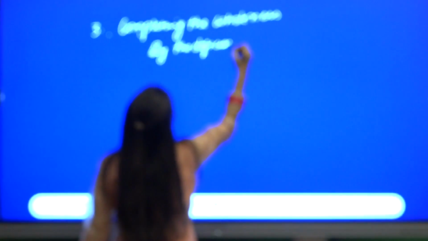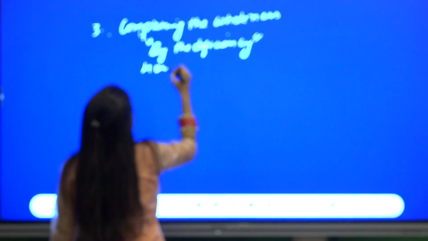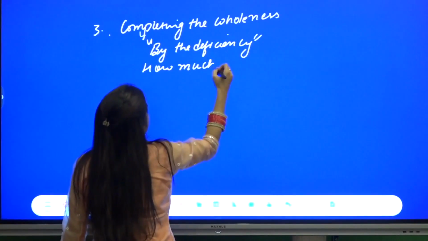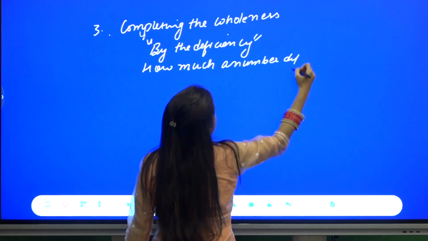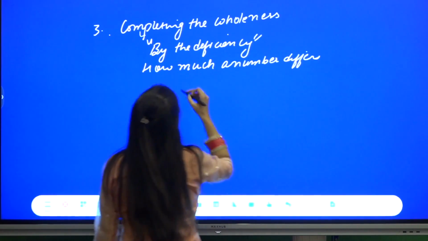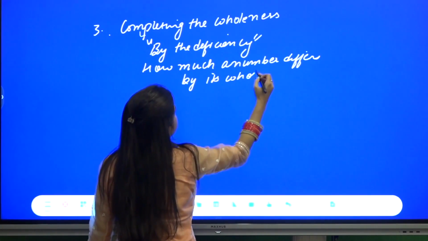That is, how much a number differs by its wholeness.